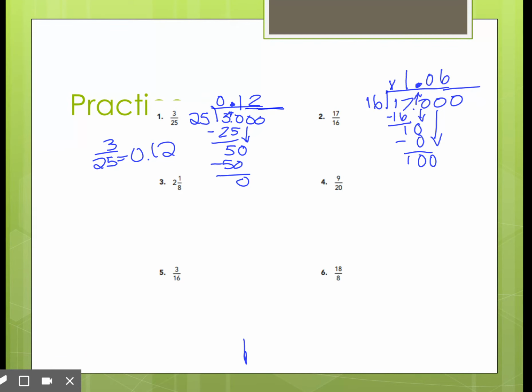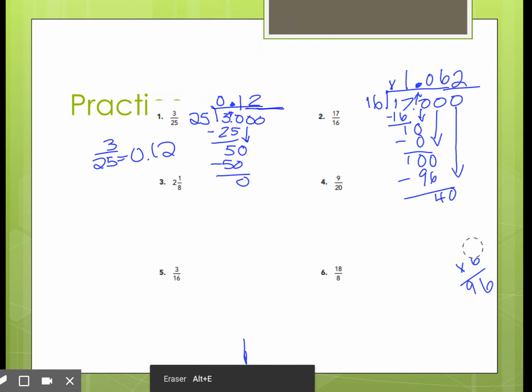So 6 times 16, I'm going to do that math over here just to make sure I'm correct. 6 times 6 is 36. 6 times 1 is 6, plus 3 is 9, so 96. 100 minus 96 is 4. I bring down a 0. 16 goes into 40 now 2 times. Just going to erase this so it's out of the way.